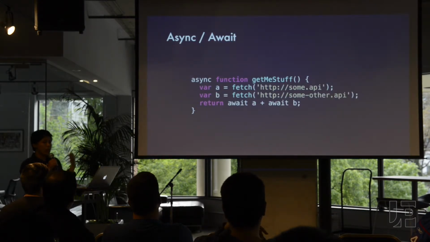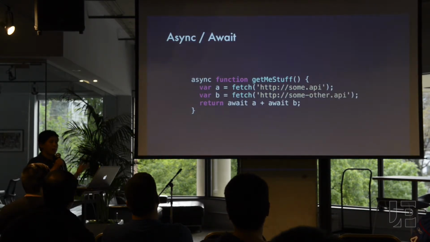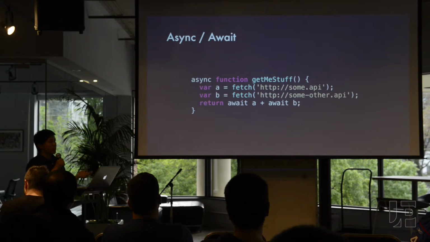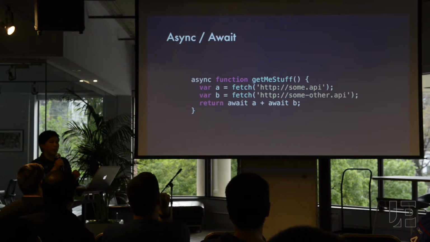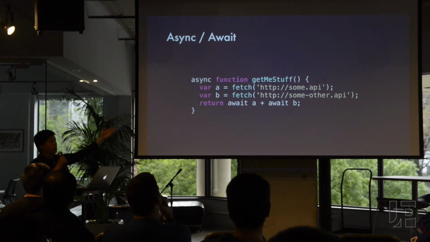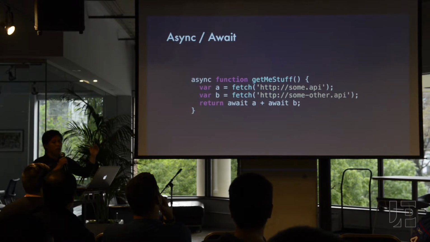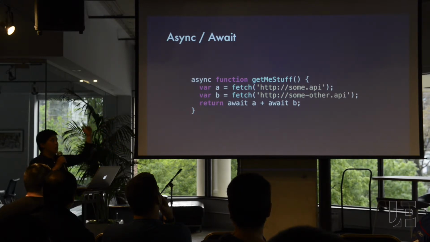Next, I'm going to touch on async await. Async await is stage 4 right now, which means it's pretty much going to come out in browsers. I think people have decided that. Right now, you need Babel to use it. And the other thing about async functions is that they're just promises under the hood. So what you're looking at here are promises, but without the nesting and without it being hard to reason about.